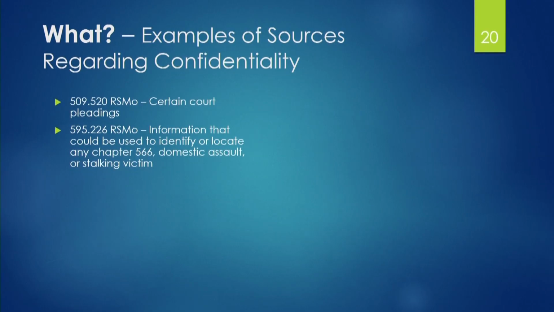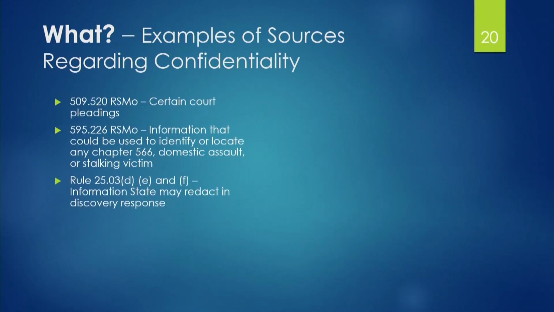Anything that would lead to the identity or location of a Chapter 566 sex crime, domestic assault, or stalking victim. And so that's not just the information about them, but even things that lead to their location. You need to be extremely careful about that because all of that is considered to be confidential.